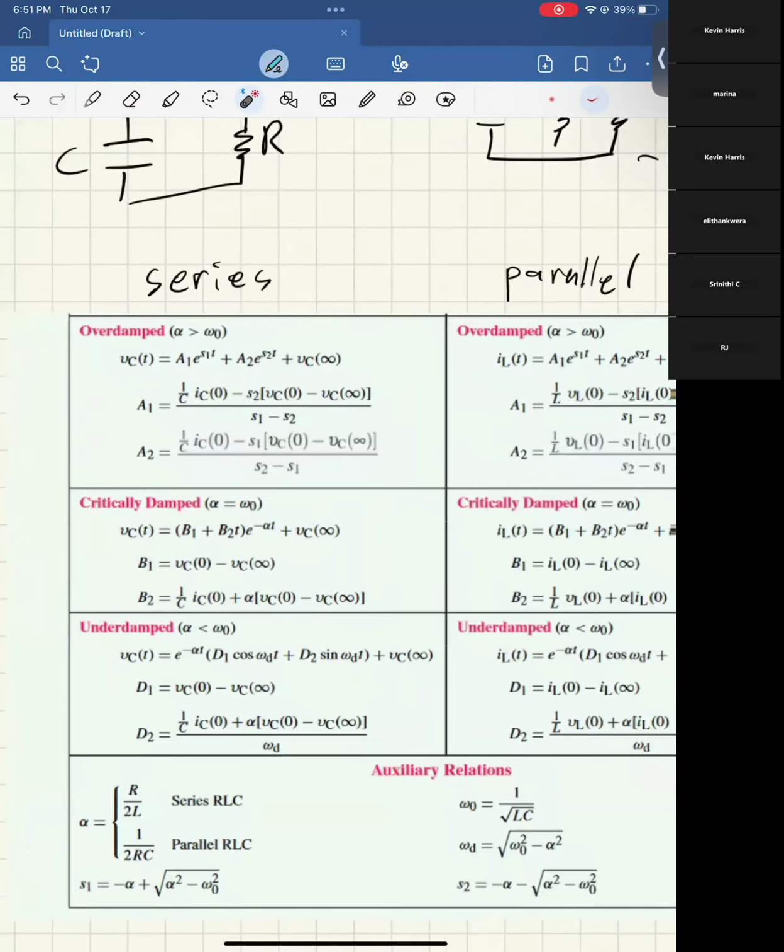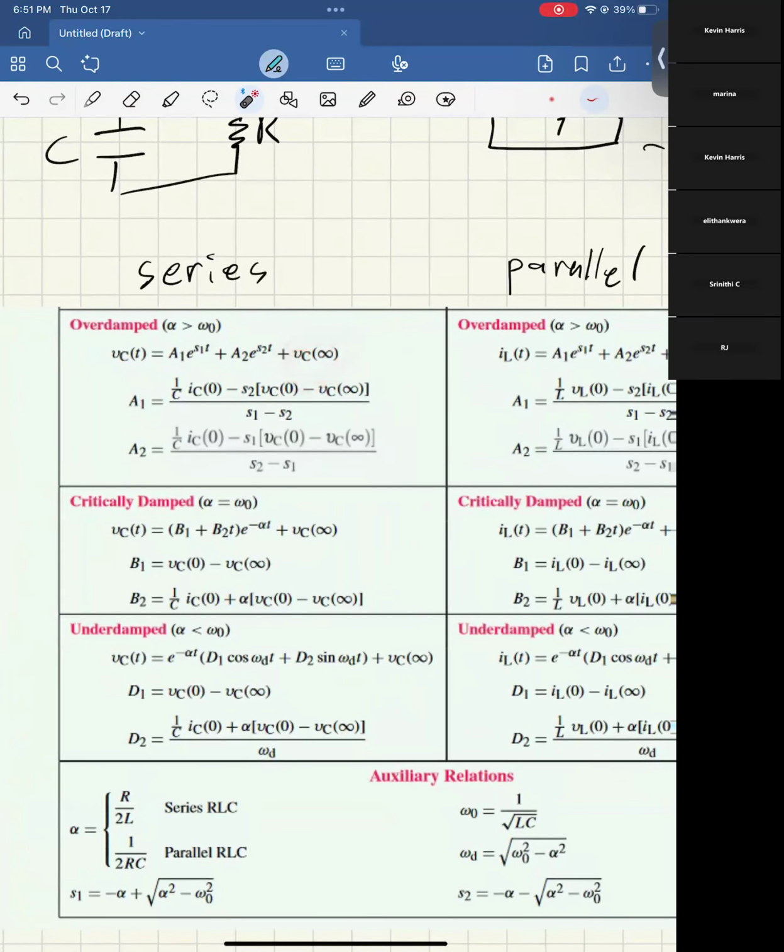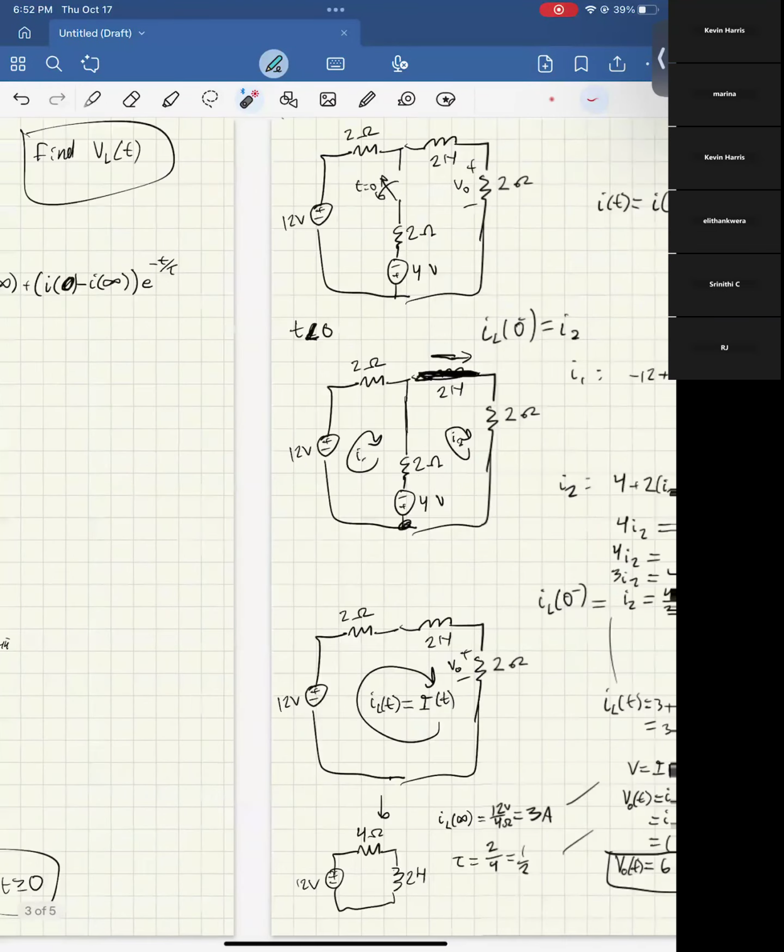We need VC of infinity, VC of 0, and IL of 0, actually. So we'll need to find all 3 of those. That seems to be all we really need.